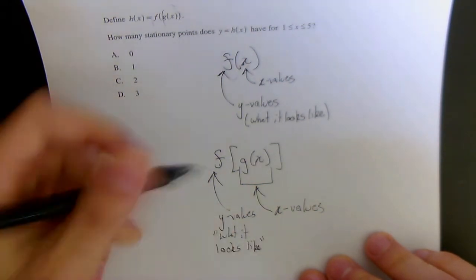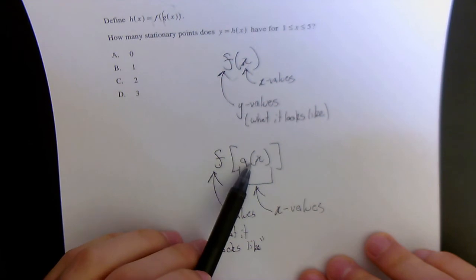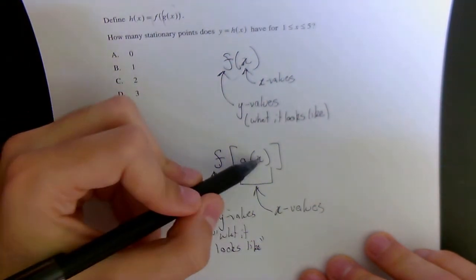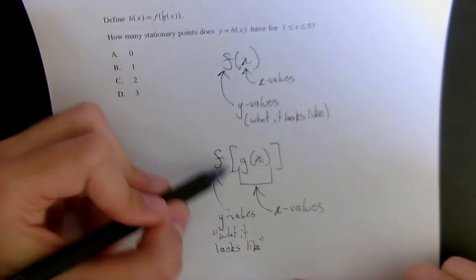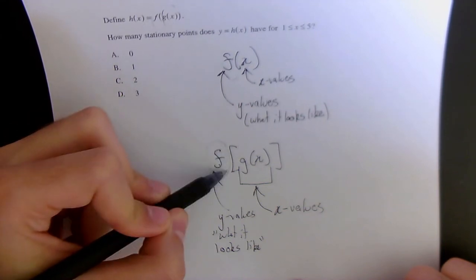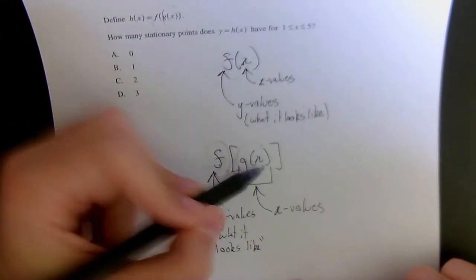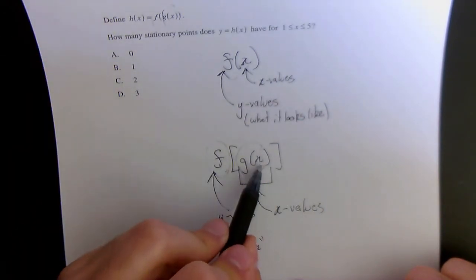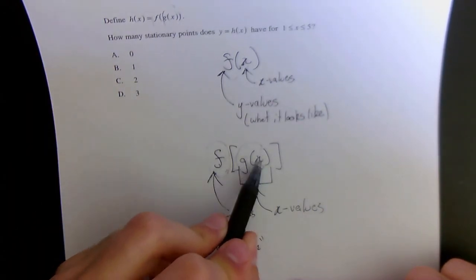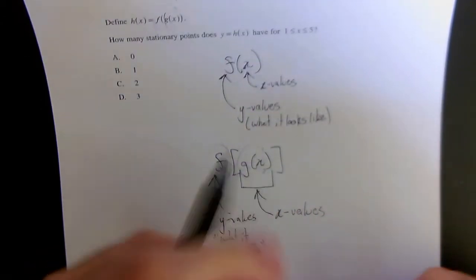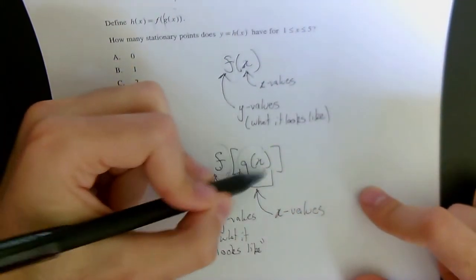Now the trick here is, what is g of x? So these x values that I input to my f function are going to be the y values of the g function. So how this process works is I input an x into g of x and I come out with a certain y value for g of x.